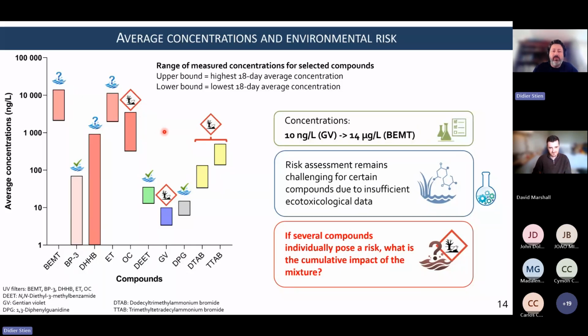You can imagine that maybe the animals that try to live in the sea, or the plants that try to live in seawater in Banyuls, are suffering serious difficulties here, and that really questions the cumulative impact of this mixture. What can it be?